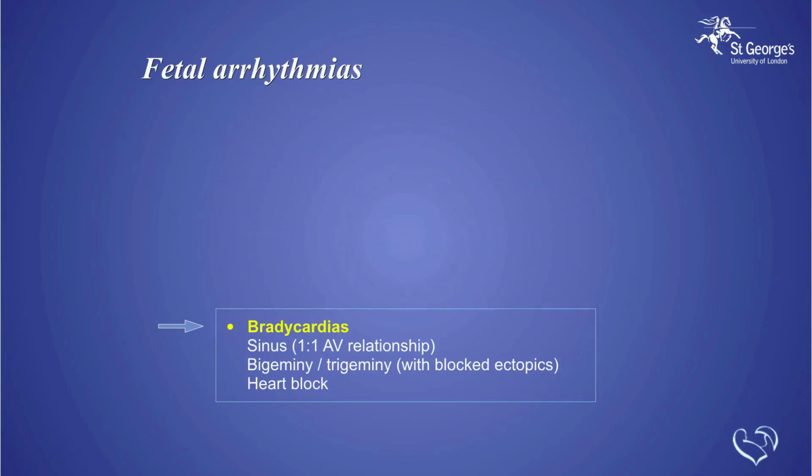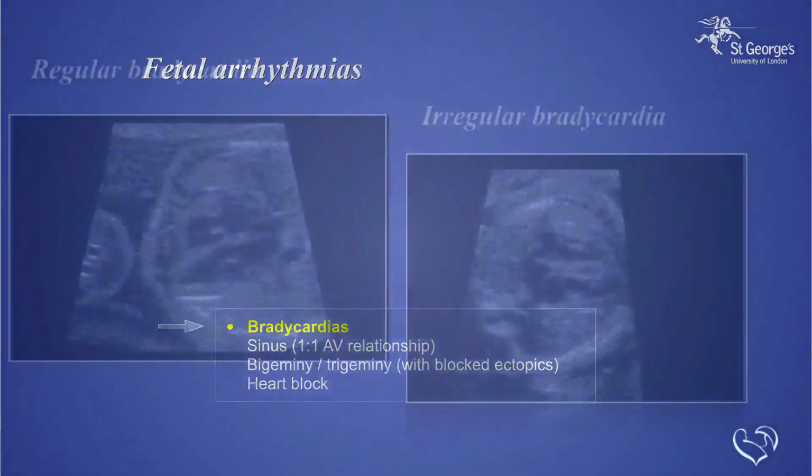Now, we move from the ectopics. We're going to now go into the bradycardia group, and there are basically 3 groups. There is the sinus bradycardia, which has a 1-to-1 atrioventricular relationship. We have ectopic triggered bradycardia, bigeminy, trigeminy. And we have heart block, as we know that, atrioventricular block, pathological.